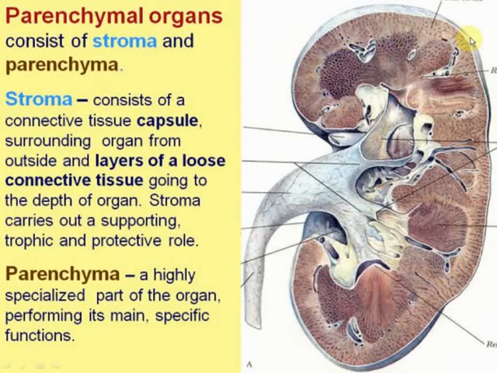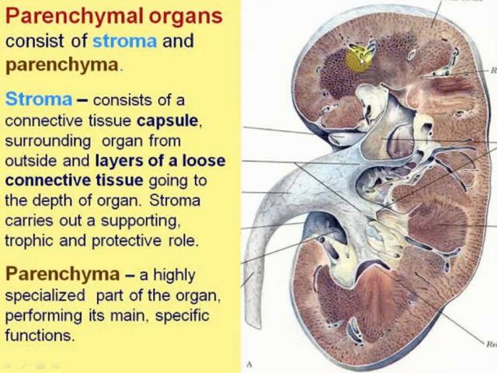Stroma carries out a supporting, trophic, and protective role. Parenchyma, a highly specialized part of the organ, performs its main specific functions.